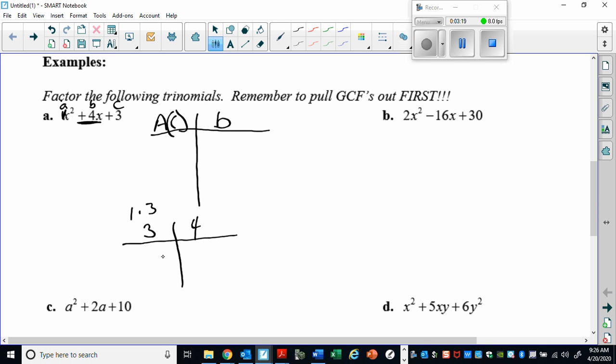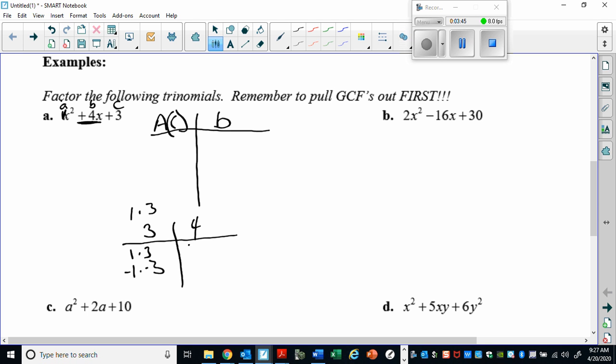So you're going to see what numbers multiply to 3. So you have 1 times 3, you have negative 1 times negative 3, and then you say, do these numbers add up to 4? So these are the only two numbers that multiply to 3. Now you need to see which set of these numbers equal a positive 4.